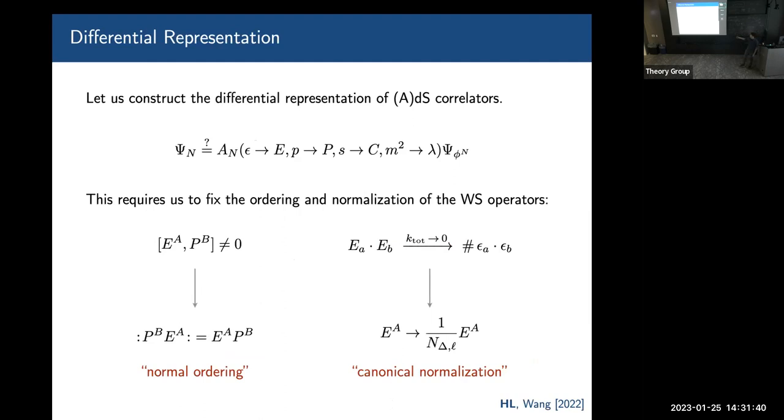I think we know how to order these three operators properly. But if you consider more general types of correlation functions, for example a supersymmetric version, then you might have to deal with another type of operator, like fermionic weight-shifting operators. In that case, we also have to figure out what ordering to use. But for the bosonic correlation function construction, I think these are the only operators.